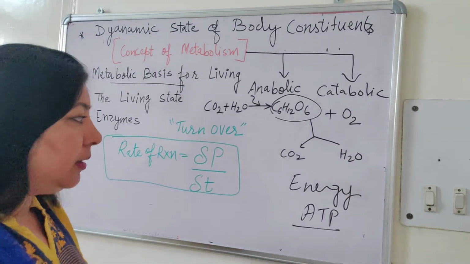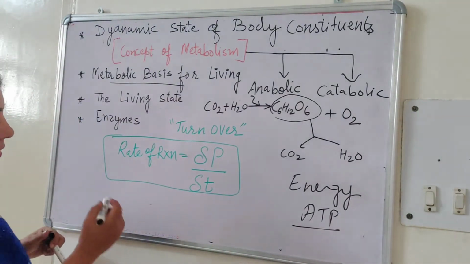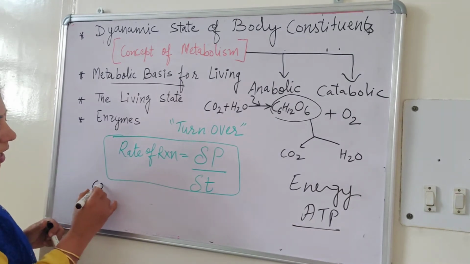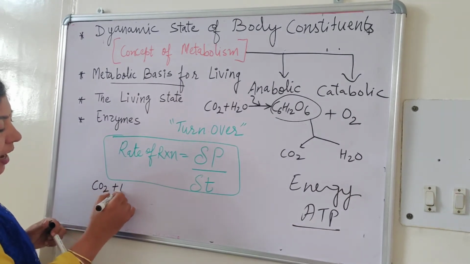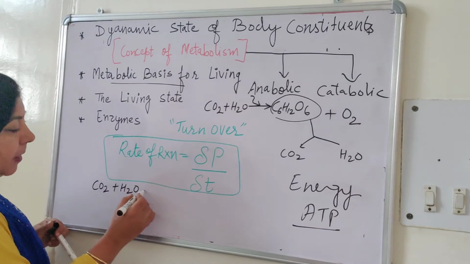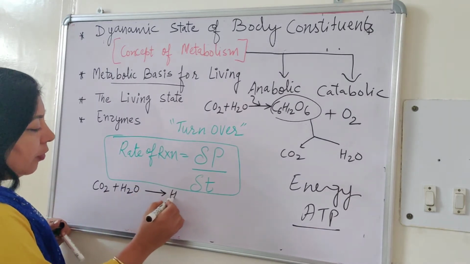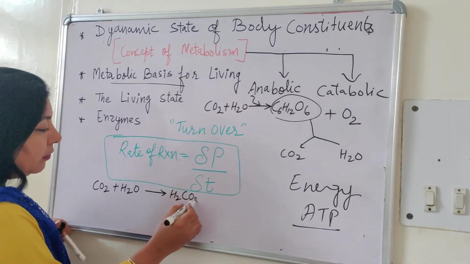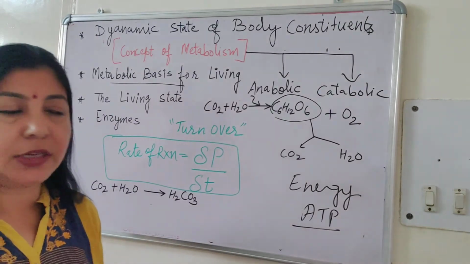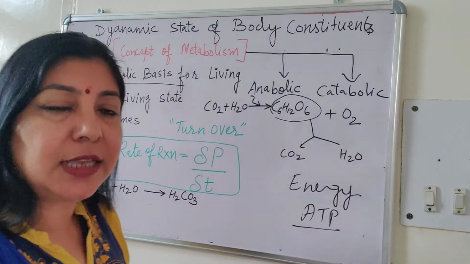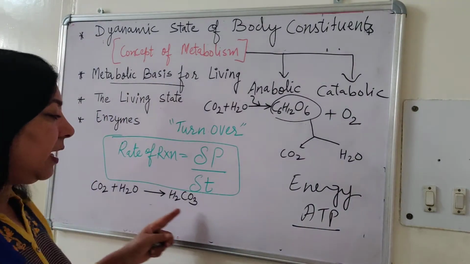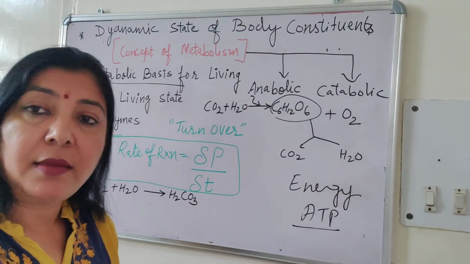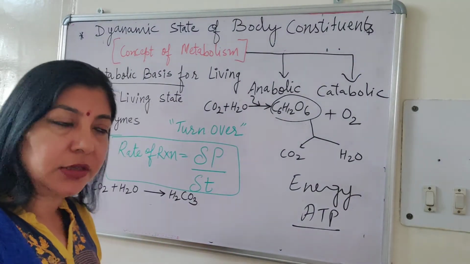For example, suppose there is a reaction where carbon dioxide is reacting with water and forming carbonic acid. This is a simple reaction which takes place outside the cell also. When it takes place outside the cell, there is also some rate of reaction.